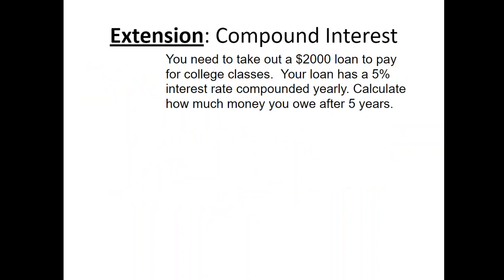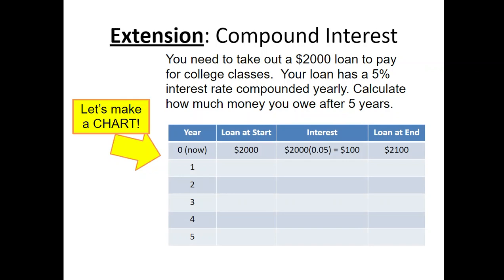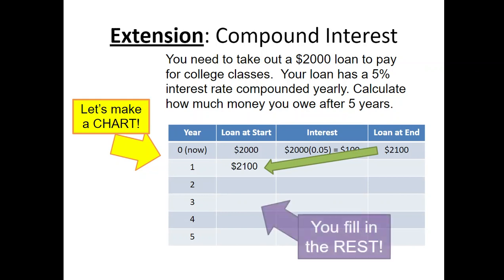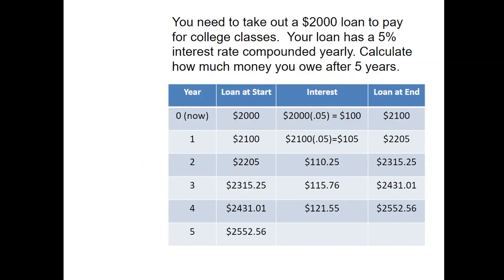When you have compound interest, what you have to do is make a chart. And if you notice, it's the same as simple interest, only you do them 1 year at a time. But the loan at the end becomes the beginning balance. Instead of you filling in the rest, I just wanted you to look at this.